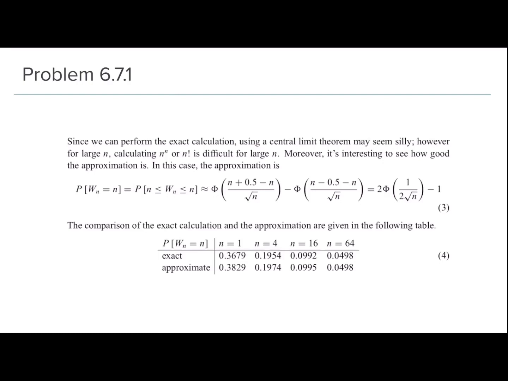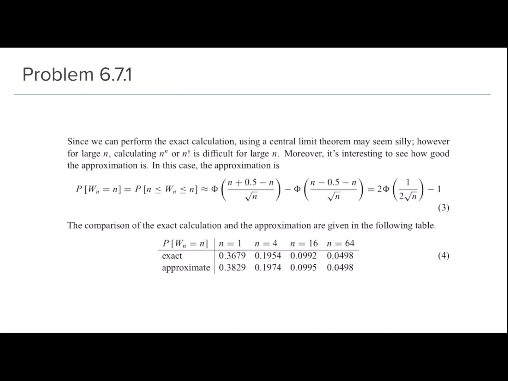So this is approximately equal to Phi of (n plus 0.5 minus n) divided by root n, minus Phi of (n minus 0.5 minus n) divided by root n. So basically Phi at a point just ahead of n minus Phi at a point just behind n. This simplifies to give us 2 Phi of 1 over 2 root n, minus 1.